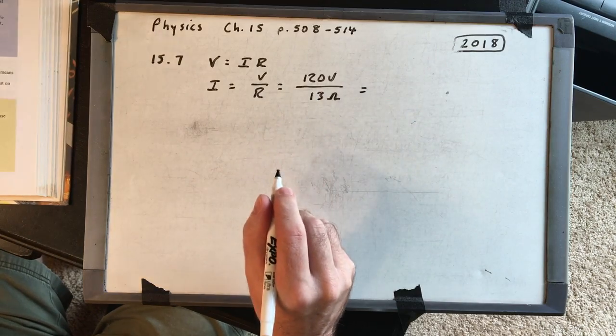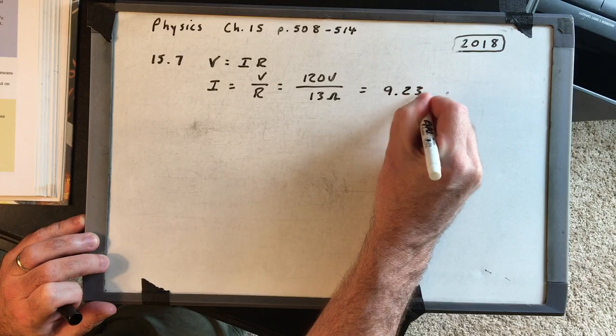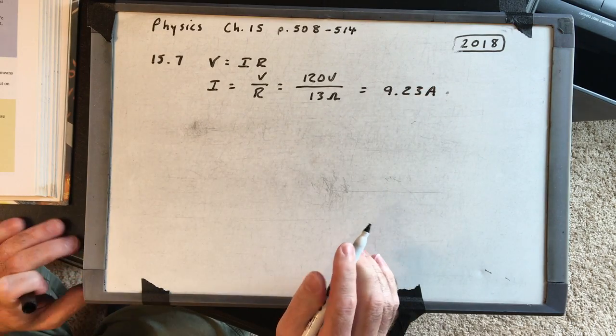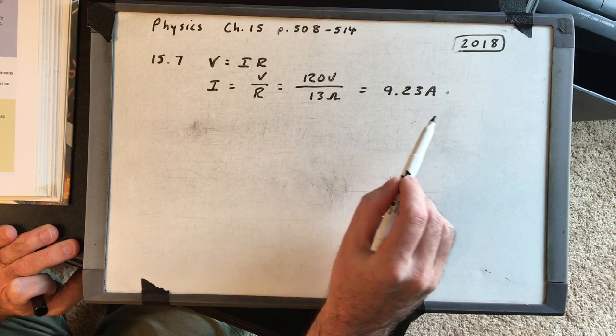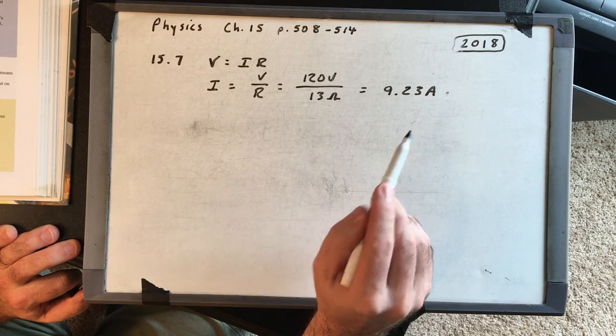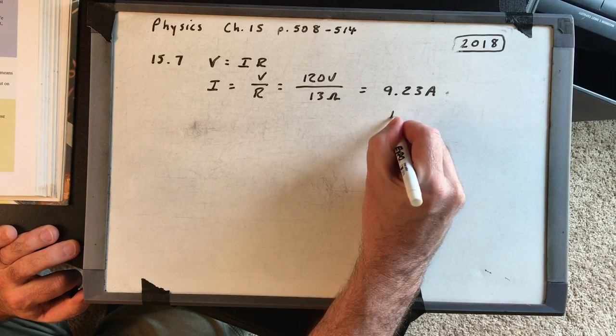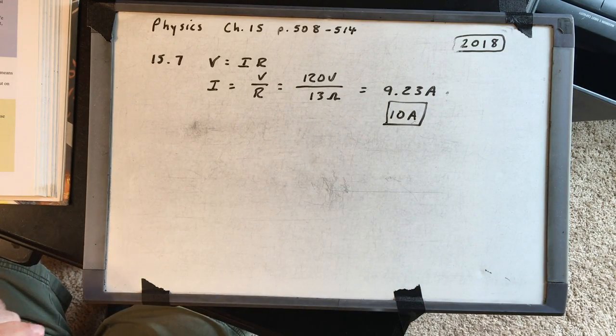So the current in this circuit is 9.23 amps. So what fuse would you use? Well, you wouldn't want to use a 5 amp fuse because it would trip all the time. The fuse would be destroyed. You want to go just above that. So for this circuit, you'll use the 10 amp fuse.